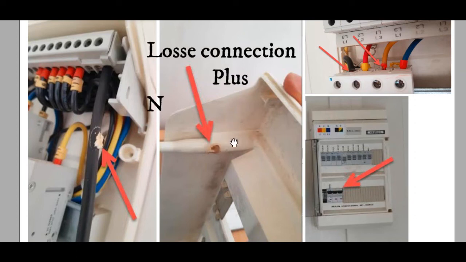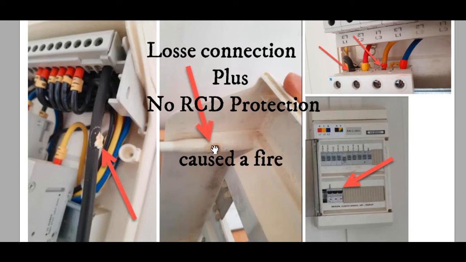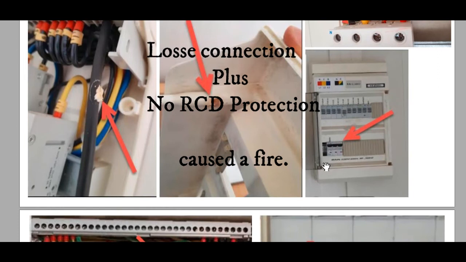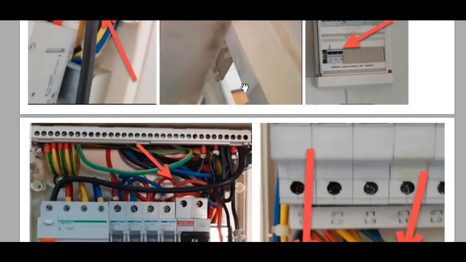When you remove this panel, you will find this effect of a melted wire. This was melted. This piece is cut from this, because this wire was melted 100% with the body. So this is very dangerous, because as you see here, we don't have an RCD, and in this case this is not going to trip. This is going to melt, and this is not going to trip. So this is very dangerous, and 100% it caused a fire for the system or for the accommodation.